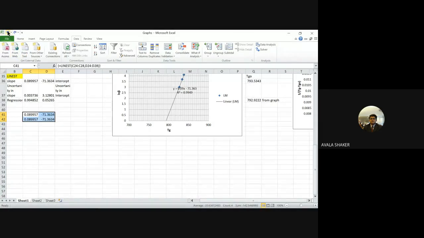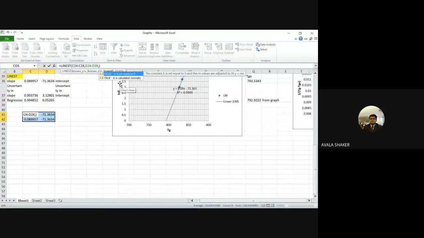Two by two, yeah. Three values are there. No, I will not put those conditions. Okay, constants.